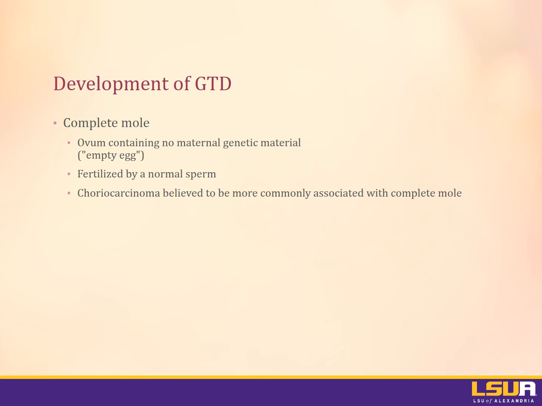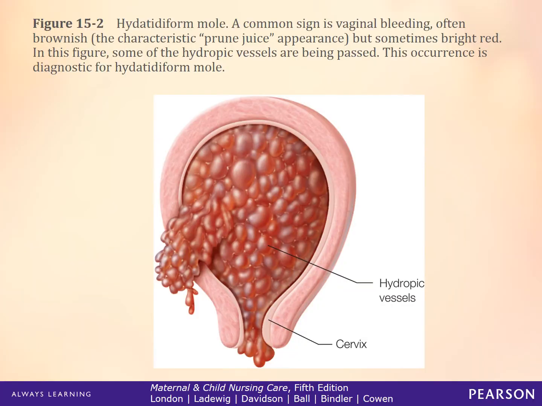So, for the complete mole, the ovum contains no maternal genetic material. It's just an empty egg, and it can be fertilized by a normal sperm. And the choriocarcinoma is more commonly associated with what we term a complete mole, an empty egg, but it is a form of cancer.